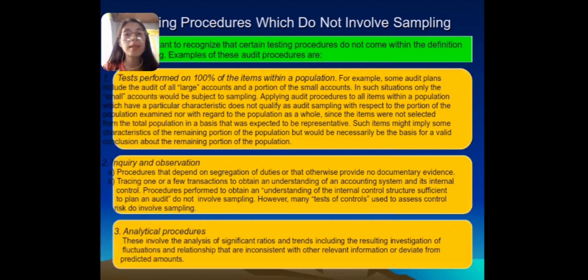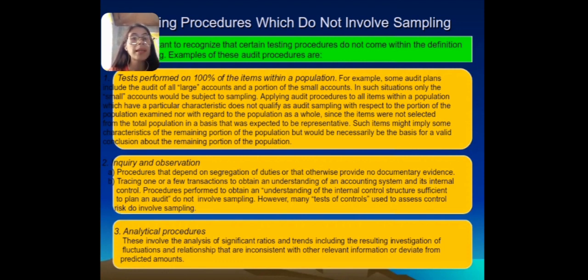The second one is inquiry and observation: procedures that depend on segregation of duties or that otherwise provide no documentary evidence, tracing one or a few transactions to obtain an understanding of an accounting system and internal control. Procedures performed to obtain an understanding of the internal control structure sufficient to plan an audit do not involve sampling.